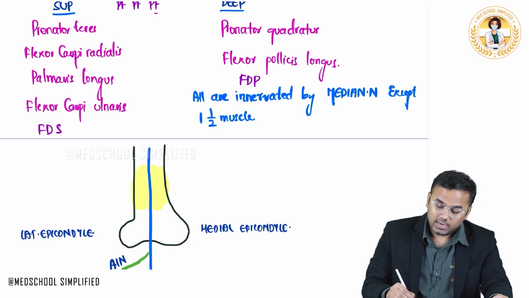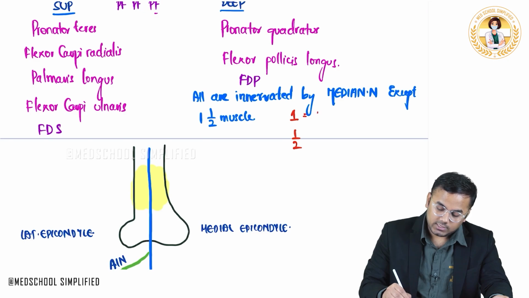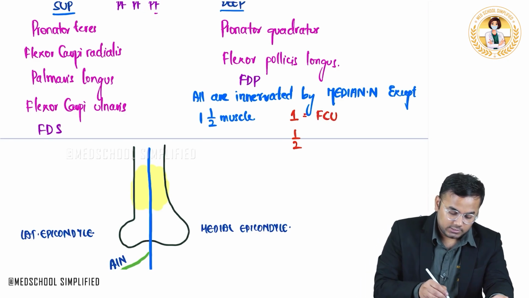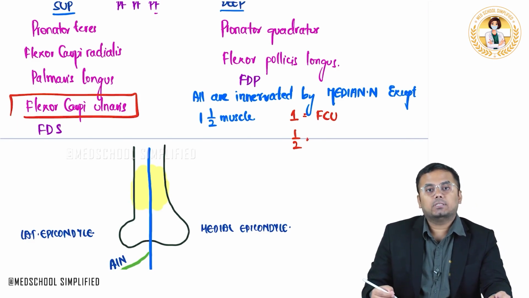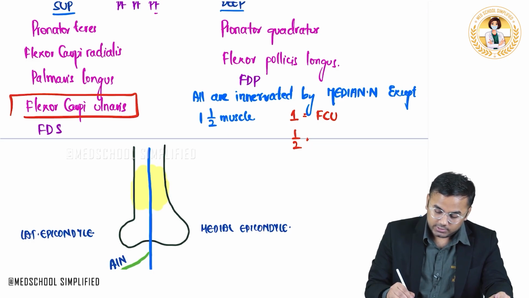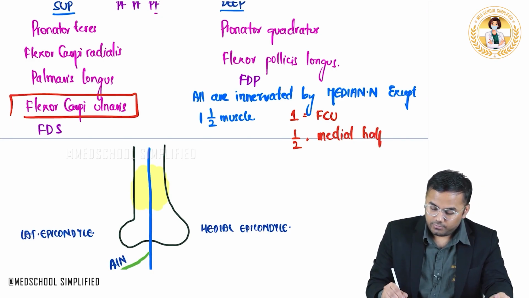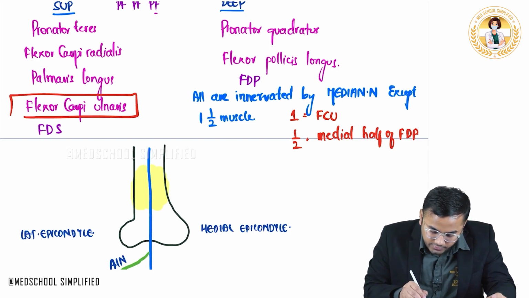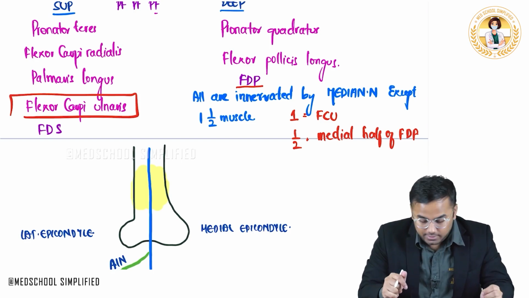What is that 1 muscle and what is that half muscle? This 1 muscle is flexor carpi ulnaris, and that half muscle is the medial half of flexor digitorum profundus. You see this is the flexor digitorum profundus here. This muscle is divided into 2 parts, medial half and lateral half.